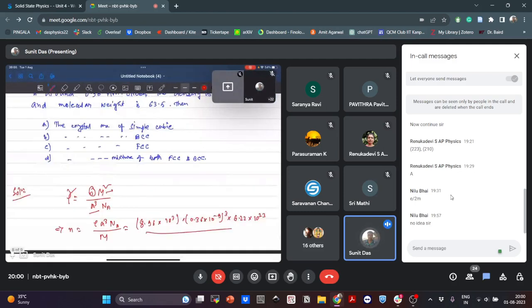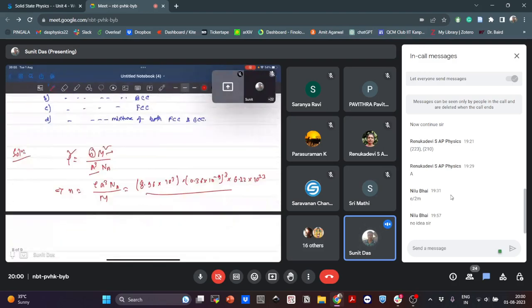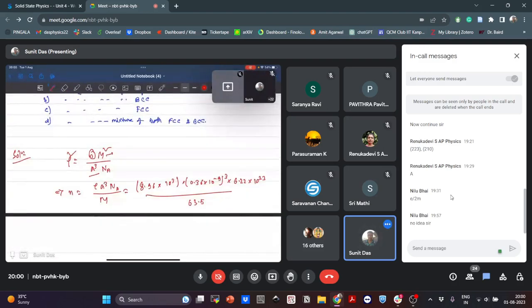Molecular weight is given. If we calculate this, it will come out to be 3.97, which is around 4. Now, which cubic crystal structure has 4 atoms per unit cell? It is FCC, right? Easy. So it is FCC. For BCC, it is 2. So this is how we can find it.